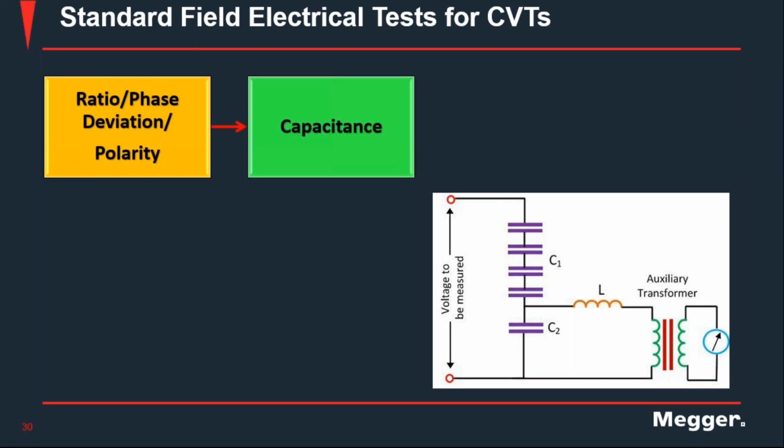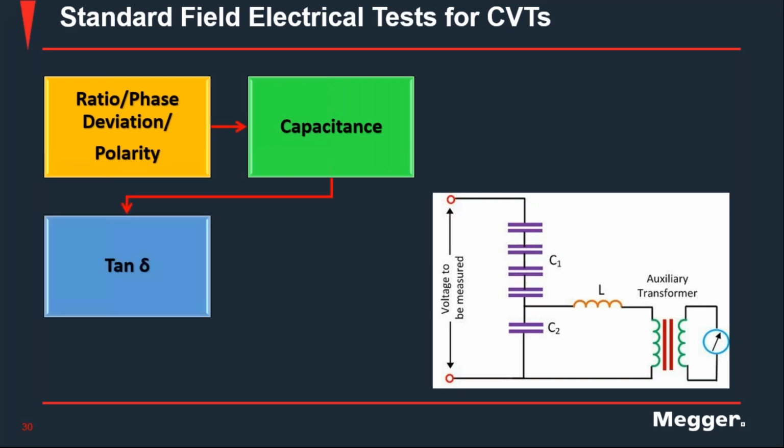Other than that, you also need to measure the capacitance. You need to determine the condition of each of these capacitors, and the overall capacitance, and of course the power factor on these capacitive sections. And this can be tricky.